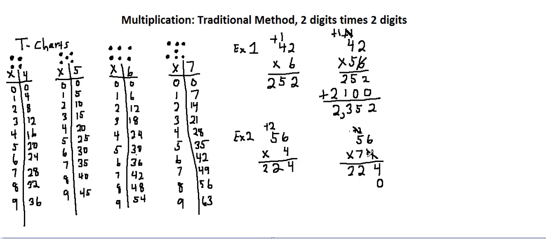7 times 6, 42. See, even teachers can get it backwards. I almost wrote a 4 there. So 7 times 6, it is 42. And I carry my 4. 7 times 5, 35, 36, 37, 38, 39.